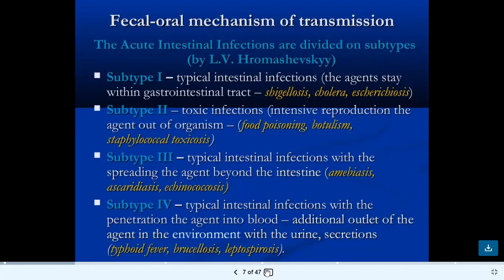The acute intestinal infections are divided into subtypes. Subtype 1 is typical intestinal infection, where the agents stay within the gastrointestinal tract: Shigella, cholera, and others.